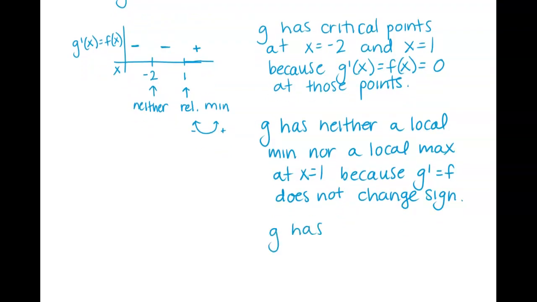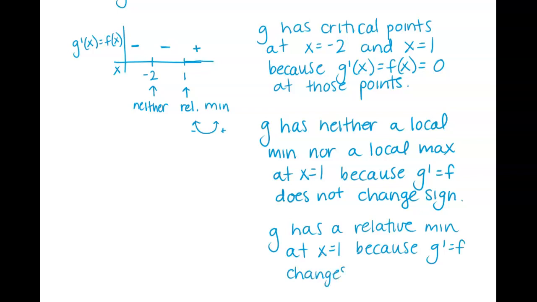G has a relative min at x equals 1 because g prime equals f changes from negative to positive.